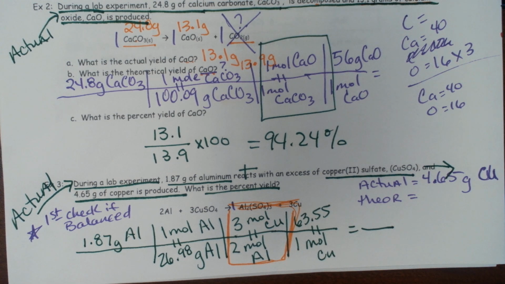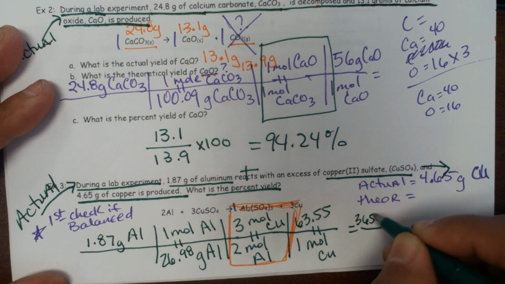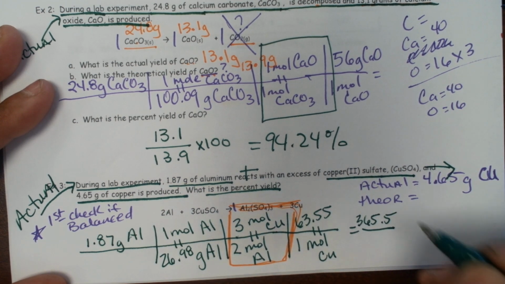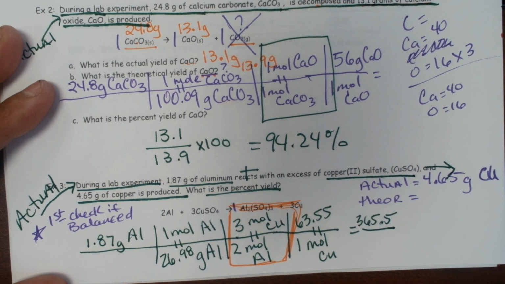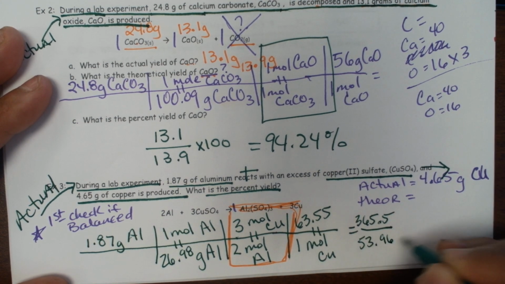If you can give me the top number separate from the bottom number. Top number, I got 165.5. Bottom number? 53.96.